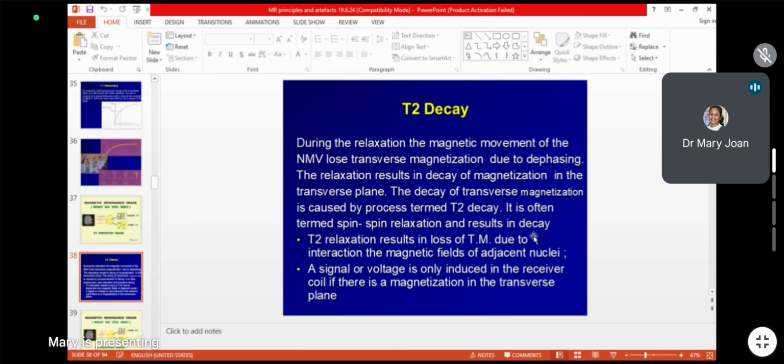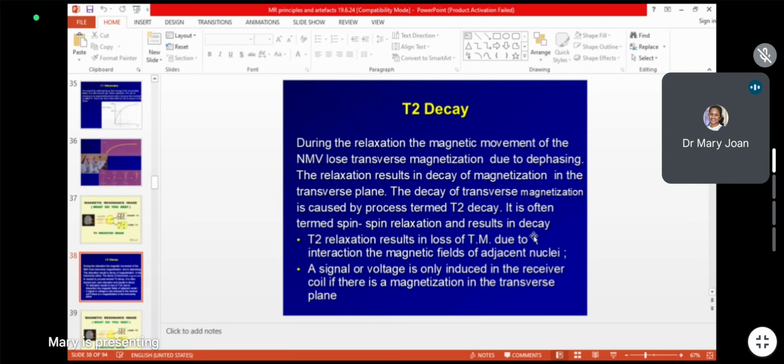T2 decay: during relaxation, the magnetic moments of the NMV lose transverse magnetization due to dephasing. The relaxation results in decay of magnetization in the transverse plane. The decay of transverse magnetization is caused by a process termed T2 decay.